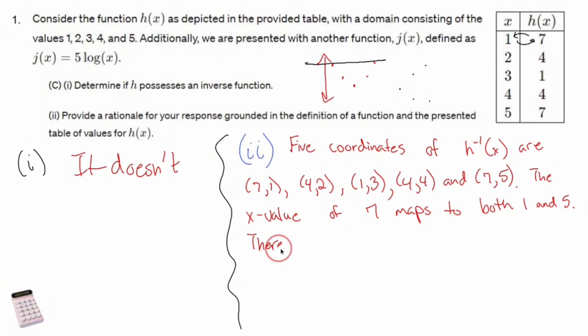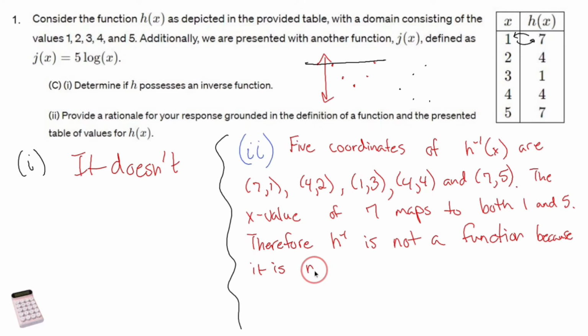Therefore, h inverse is not a function because it is not 1 to 1. Okay, this one's 1 to 2. And you could have used the 4s if you wanted to as well, but I like this explanation a little bit better. So a blessing in disguise.